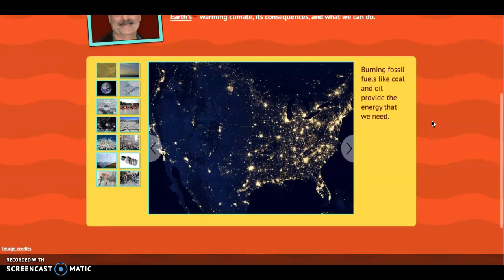So this is an image here we can see of the United States. We can see some parts are more lit up than other parts. We know that there are more dense populations in certain places, especially near the water coastlines, and especially where there are some bigger cities. We can see right here, New York City would fall in this area. Long Island and parts of Jersey are very densely populated.